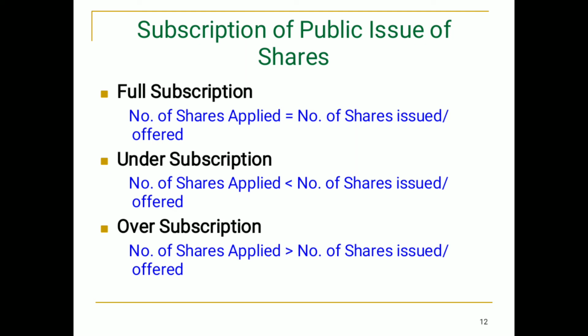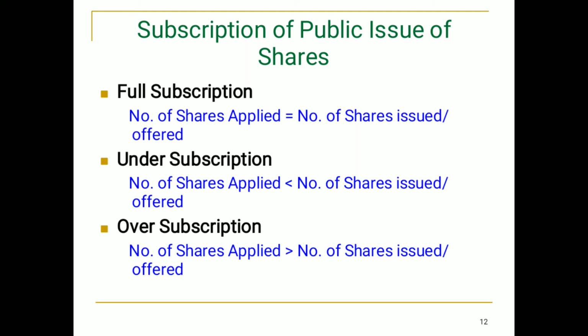I repeat, if I have issued 30,000 shares and the applications that I have received are only for 20,000 or 25,000, then it comes under under subscription. Why? Because the number of shares I have offered and the number of applications I have received are less.